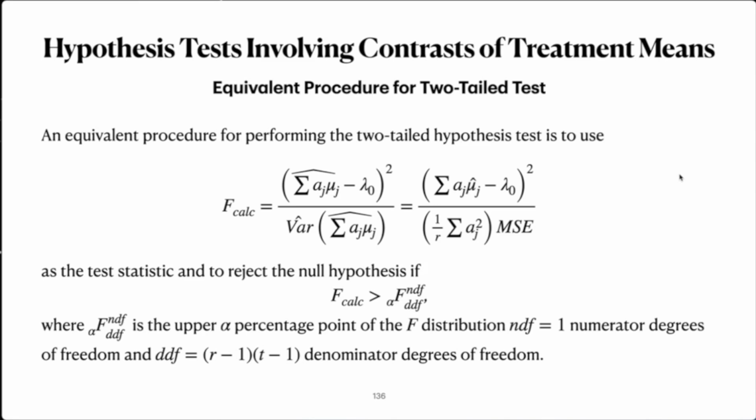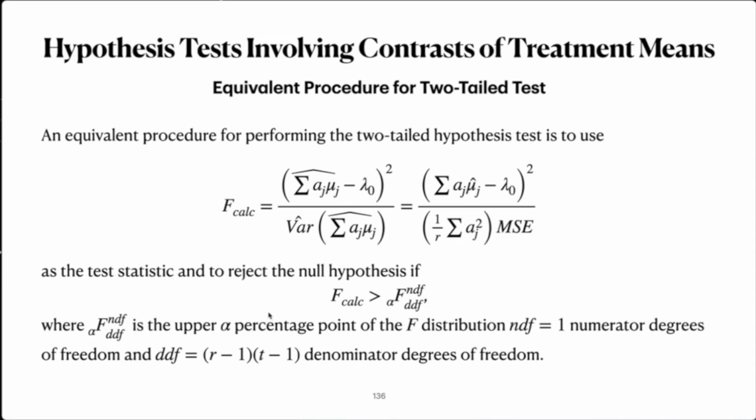Now we can also use an F-statistic in this situation as well if we happen to be performing a two-tailed test. And so in this case, F-calc would be equal to the square of the difference between the estimate of the contrast about which we're testing hypotheses minus the hypothesized value of that contrast, divided by 1 over r times the sum of the a sub j squared values times the mean squared error.